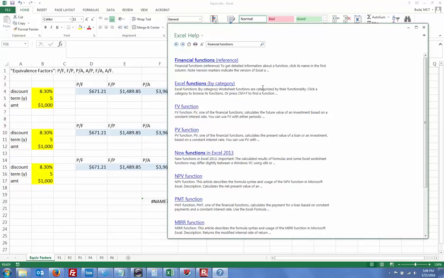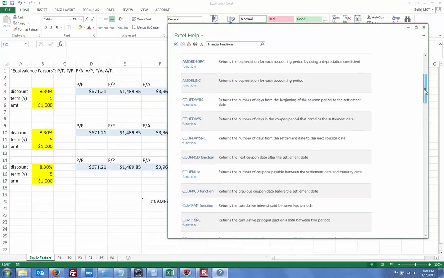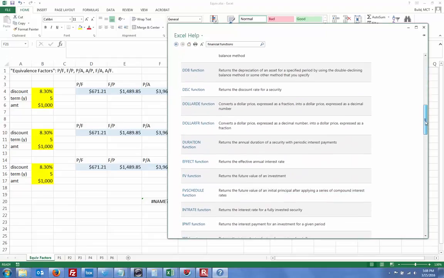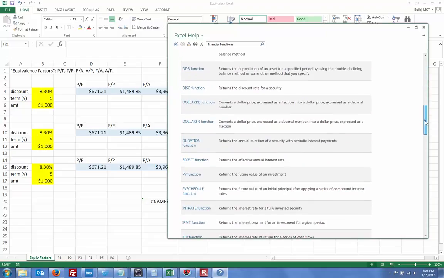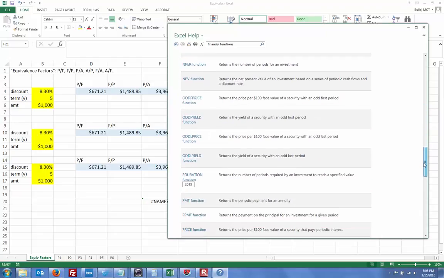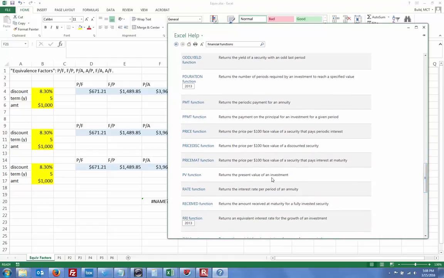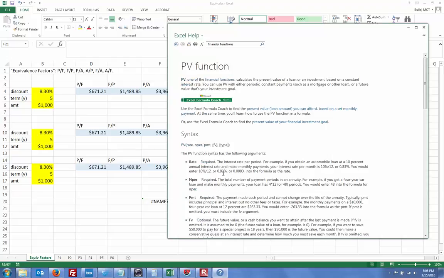Financial functions. So I'm going to try PV based on that.